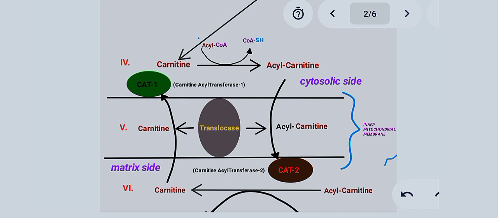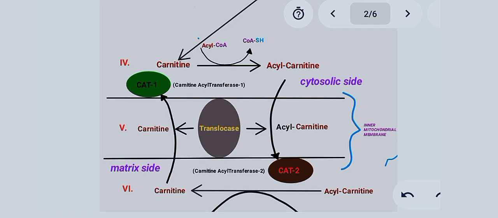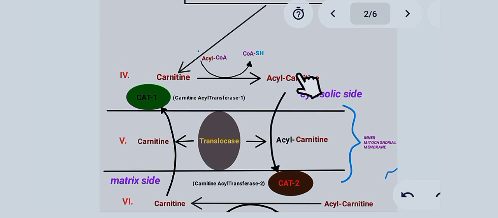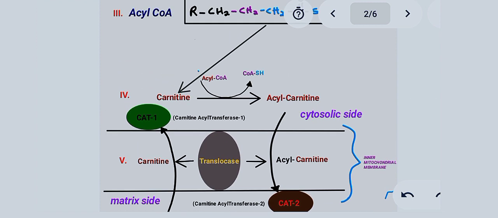Therefore, when we make acyl-CoA, we must convert it to another compound which can cross the inner mitochondrial membrane. So we have made acyl-CoA, but it cannot penetrate the inner mitochondrial membrane. So we must convert it to another compound which we call acylcarnitine. So acyl-CoA must be converted to acylcarnitine because acylcarnitine can cross the inner mitochondrial membrane.